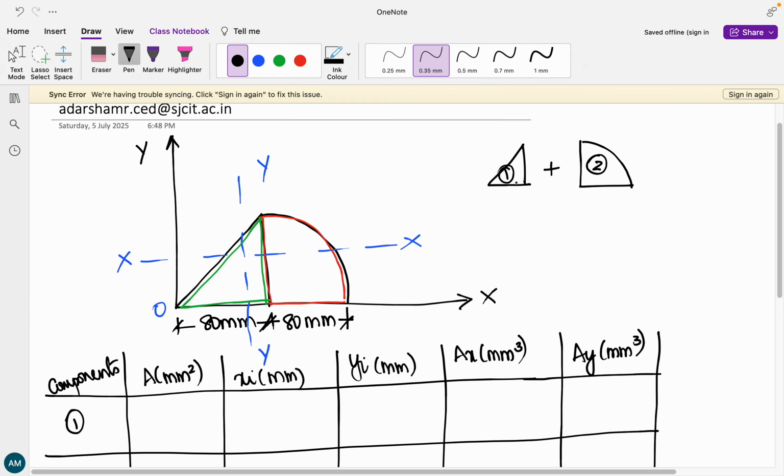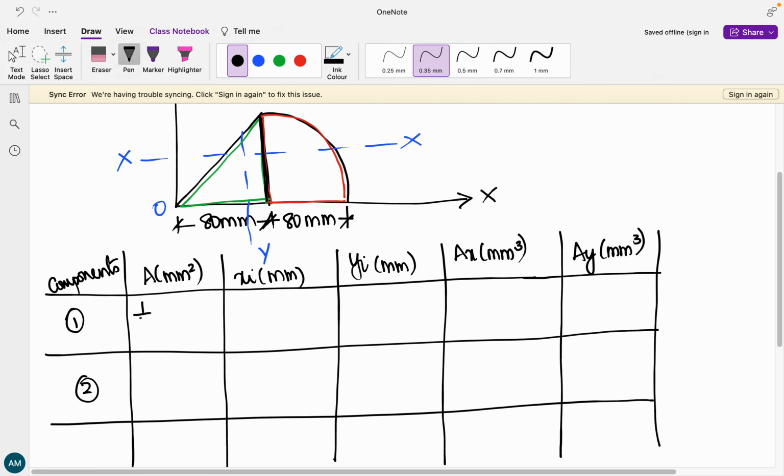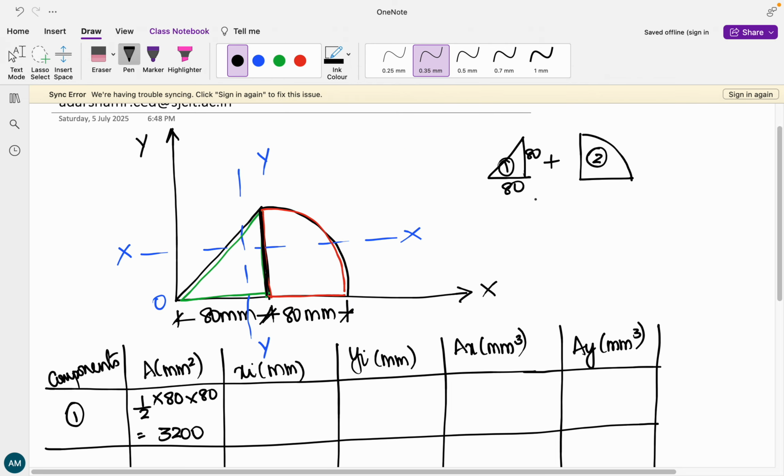The first component is a triangle, base is 80 and the height is nothing but the radius of this quarter of the circle, so this is also going to be 80. Area is half into base into height, so half into 80 into 80, that is 3200. Now the quarter of a circle, radius is 80 mm.